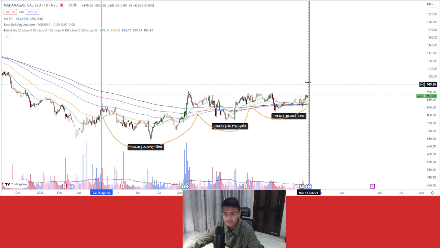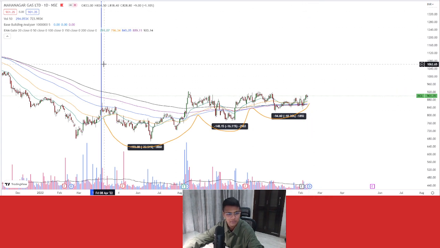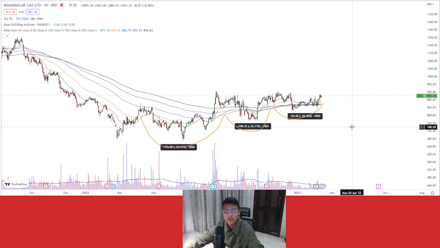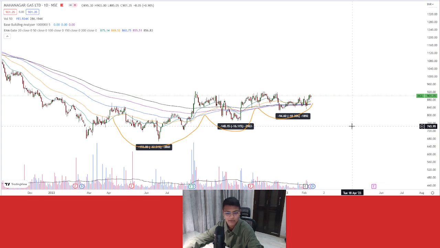Okay, so let's just delete these blue lines and let's try to observe more. One of the main indicators which we have to look at while doing price action trading is of course the volume. Volume is basically the number of shares which have been transacted throughout the day.